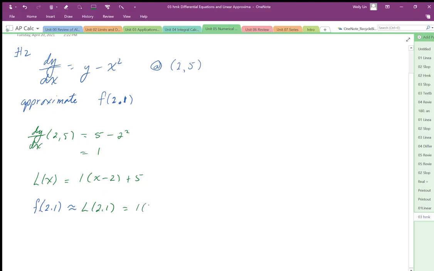So I get 0.1 times my slope plus the y position of that initial point, and we end up with approximately equal to 5.1. Okay, so f of 2.1 is approximately equal to 5.1.